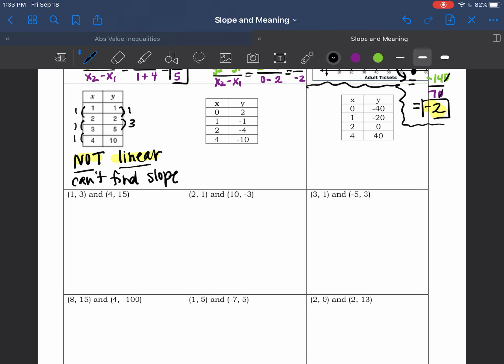Okay, for the second graph, notice the x's are going up by 1, 1, and then we jump up to a 2. Over here, the y is changing. To get from 2 to -1, I would have to subtract 3. And then to get from -1 to -4, I would have to subtract 3 more.